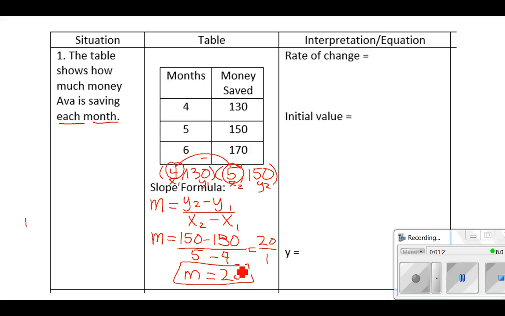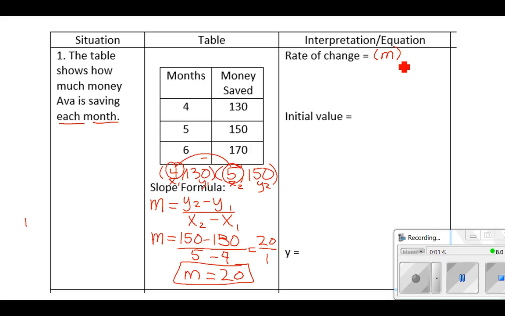So let's go to the next column. It says the interpretation and the equation. So the rate of change we know is the m. And if my m is 20, I need to know what that 20 means.